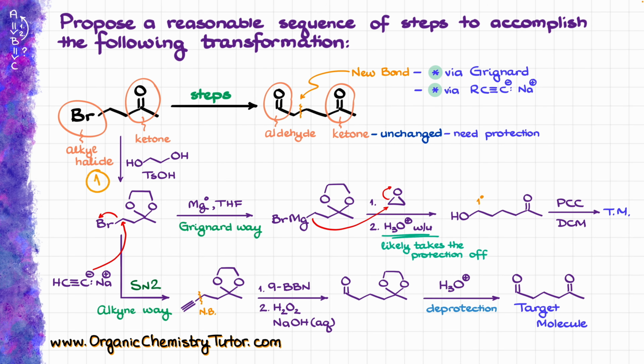Then if we go down the Grignard pathway, we have step number 2, step number 3, and finally step number 4, so it's a 4-step sequence. But likewise, if we were to choose our alkyne way, we start with the protecting group anyways, then we have the SN2 reaction as our step number 2, hydroboration oxidation as step number 3, and then finally we have to deprotect our molecule, so again we have a 4-step process.